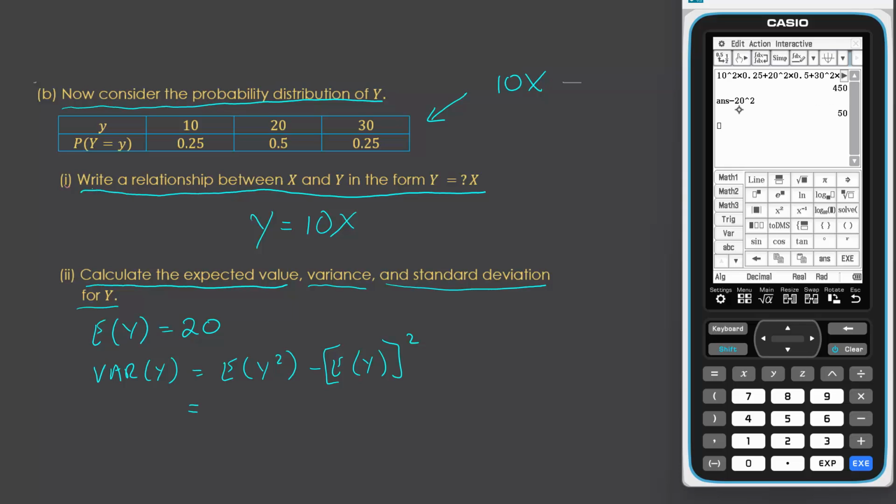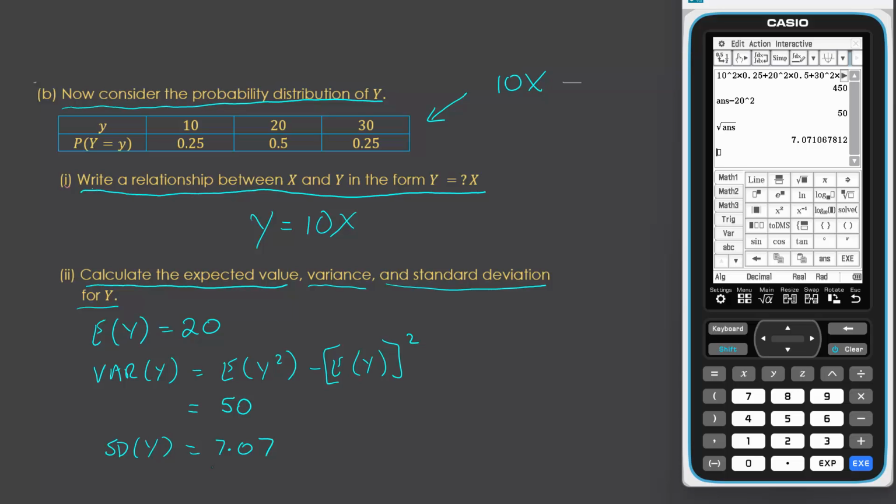And then we take away the expectation of y, which was 20 squared, and that gives me 50. So the variance of y is 50. And then if I square root that last answer, it gives me 7.07. So SD of y is 7.07 if I just go to 2 decimal places here.